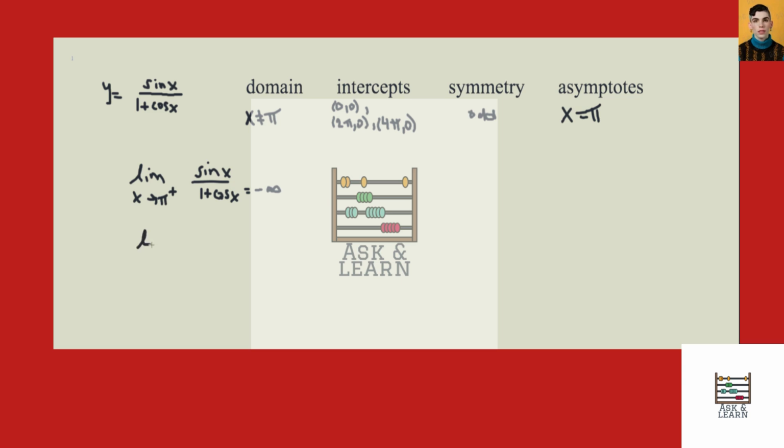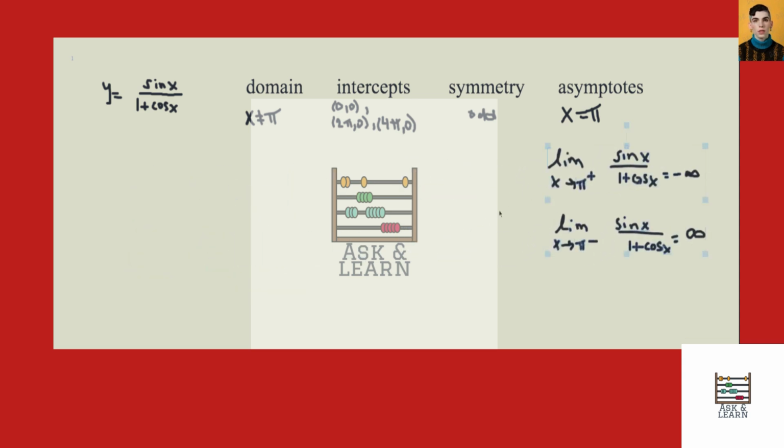And then the limit as x approaches pi from the left, and remember that's our asymptote, of sine x over 1 plus cosine x, our function, is going to give us positive infinity. Alright, and that's important. Let's keep that over here.